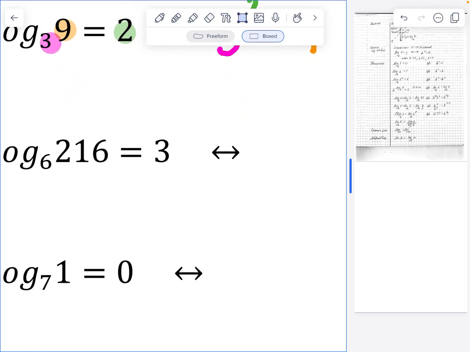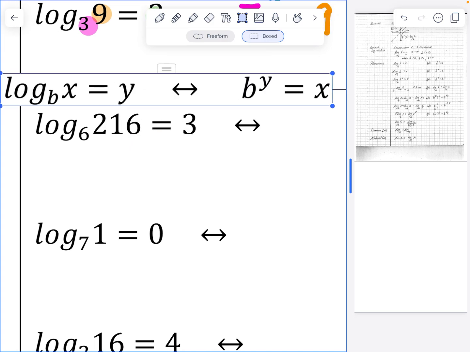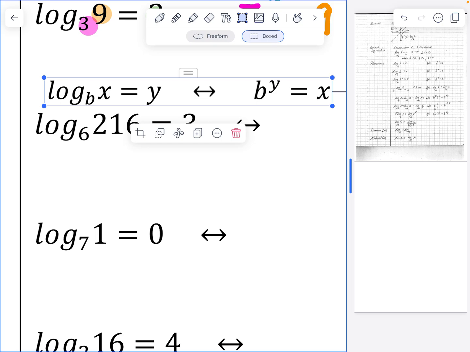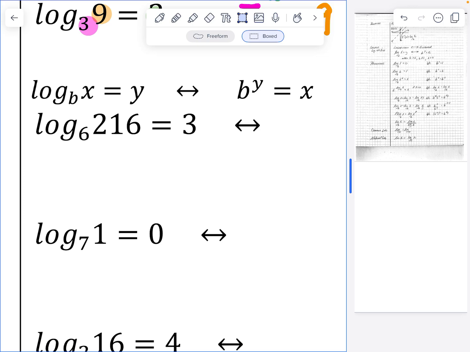So now we have this problem, and we want to change it. Be consistent with your colors. Our base number is 6.